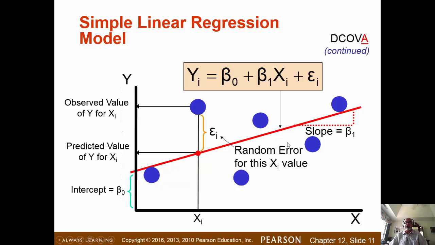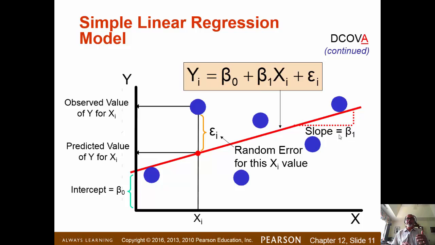It should be different from 0. If beta sub 1 is 0, it doesn't matter what x is, y is not going to change because of x. So if x is significant for determining y, for estimating y, then beta sub 1 must be different from 0.